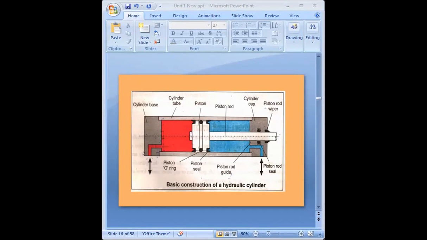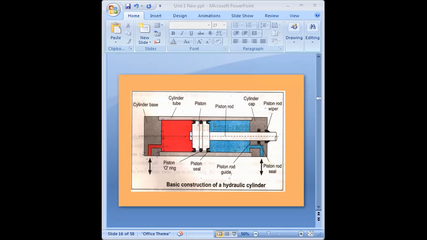Whatever pressurized fluid comes inside that cylinder, that pressure acting upon the area of the piston is going to apply force on the piston.